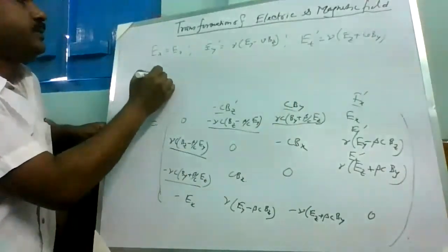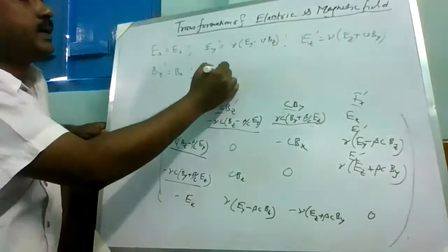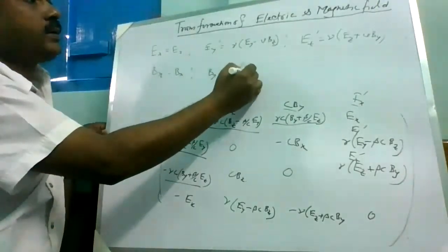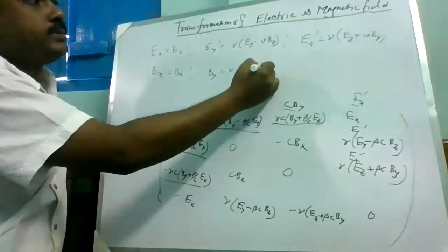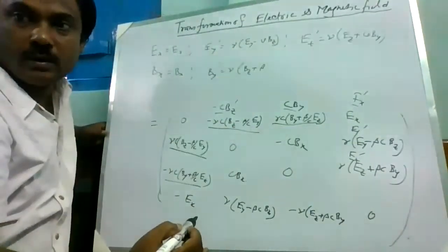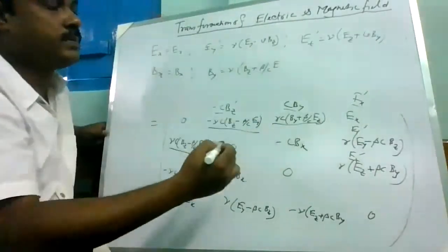and similarly dx dash equals dx, dy dash equals gamma dz plus beta by c ey.